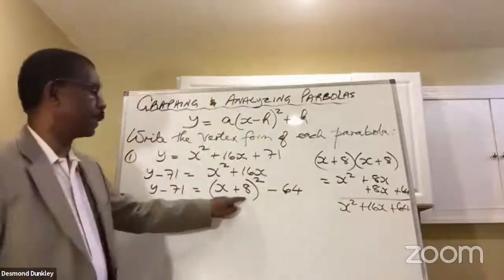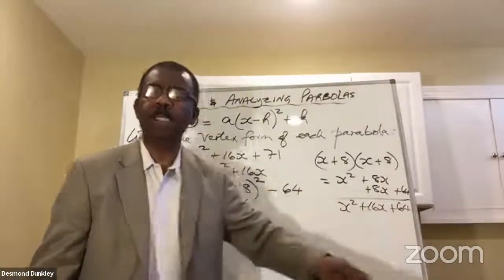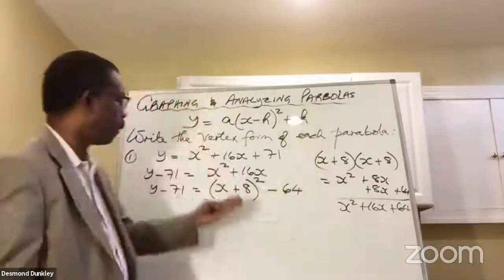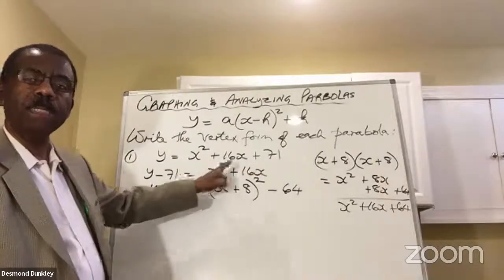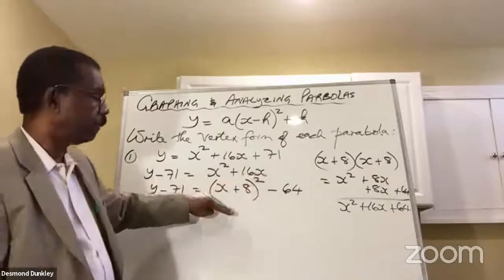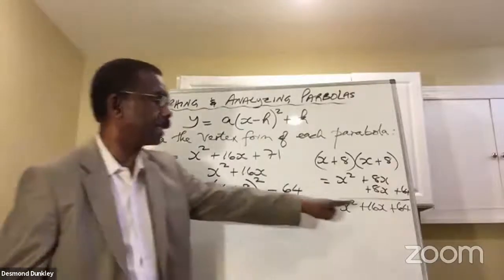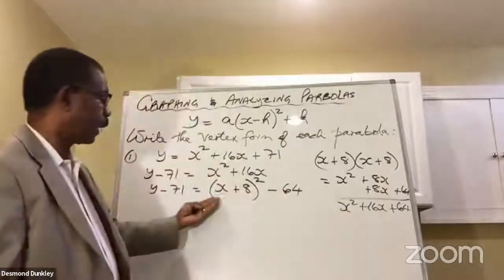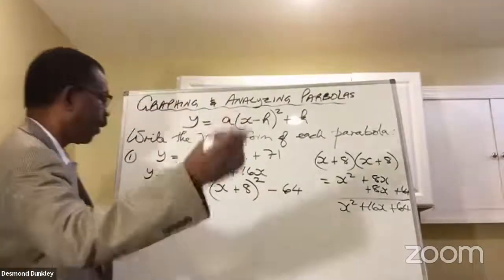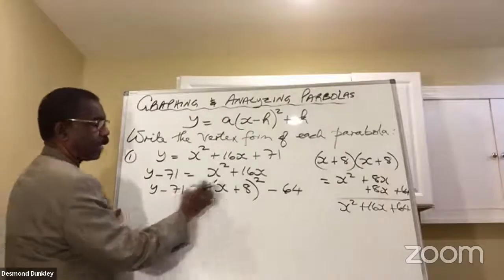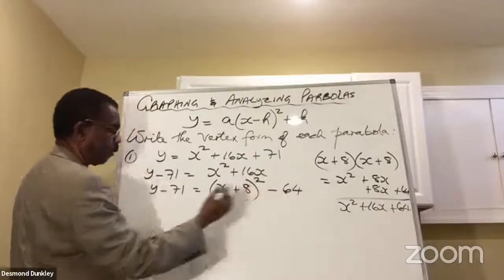So the parentheses is going to give you a trinomial, three terms, but what we had above was just a binomial, x squared plus 16x. So to keep it equivalent, I had to subtract the 64, so that this will only end up as x squared plus 16x. And now I need to bring this back over here, and we'll be done.